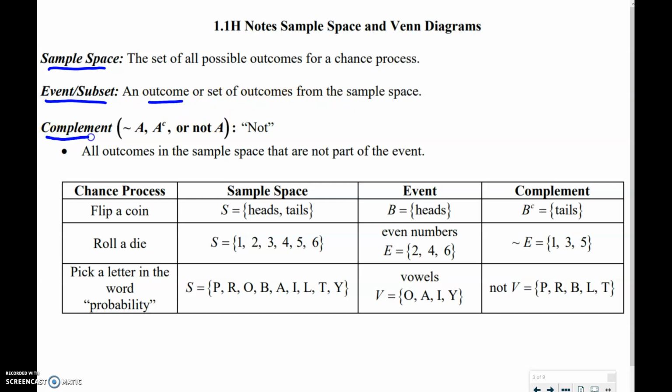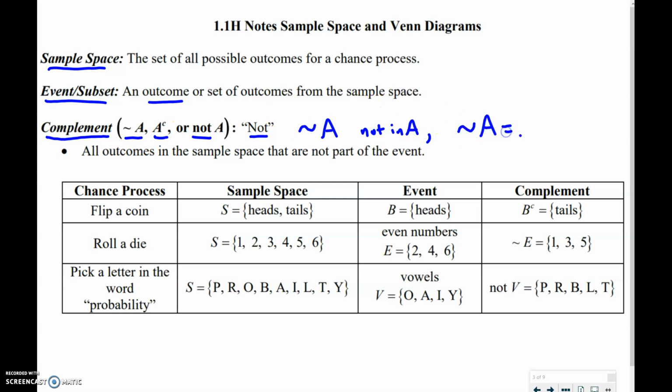And what do we mean by complement? Well, we have three different notations for the complement. We have that, and that. The complement is really the not. So when we look at this, we want everything that is not in A. So that means everything that is not in A, not in event A. And really, these mean the same thing.